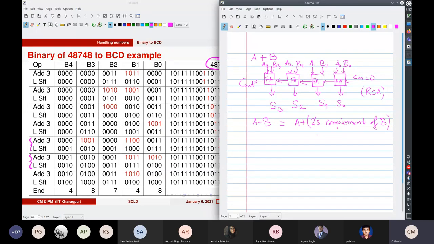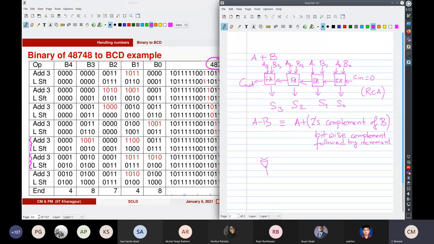The 2's complement is a bitwise complement followed by an increment. So for subtraction, you want to do a bitwise complement. That can be done quite easily using an XOR gate, right?